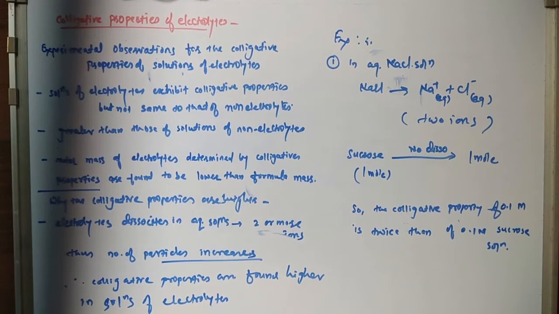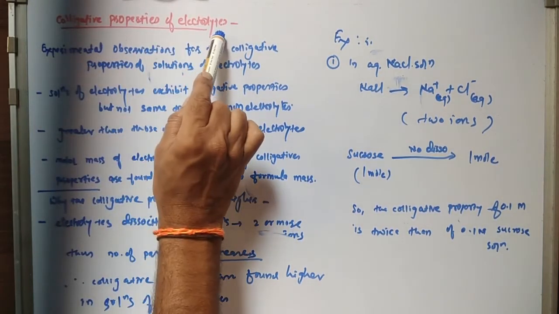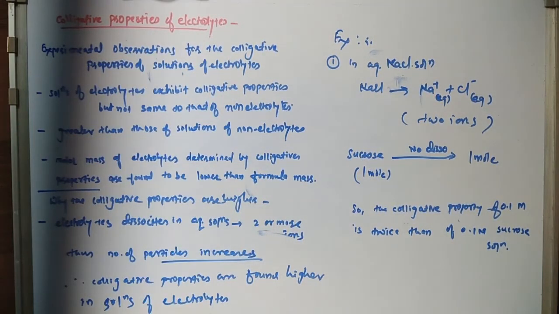See the next concept: colligative properties of electrolytes, that is, solutions of electrolytes, or electrolytic solutions. Already we have seen the colligative properties of non-electrolytic solutions: elevation in boiling point, lowering of vapor pressure, and depression in freezing point.